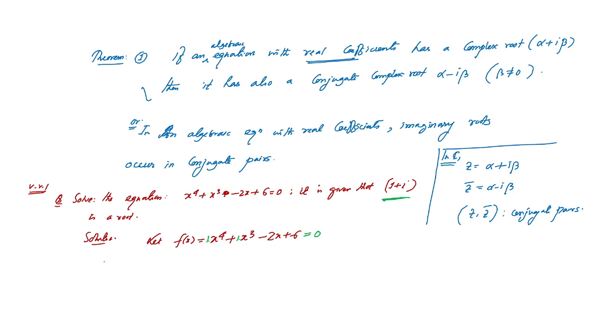So we can say that f(x) equals 0 is a polynomial equation of degree 4 with real coefficients. Just observe, all coefficients are real: 1, 1, minus 2 and 6.